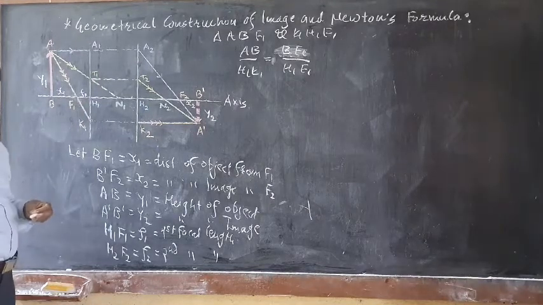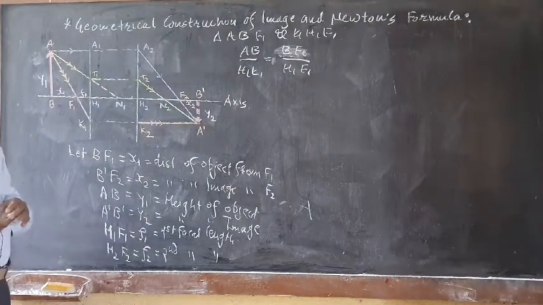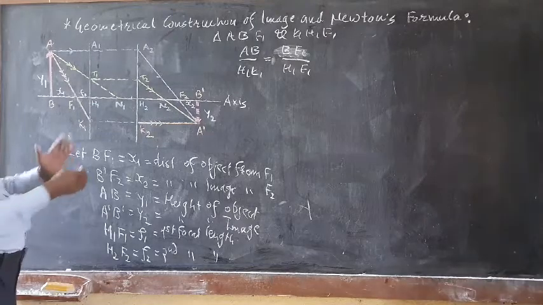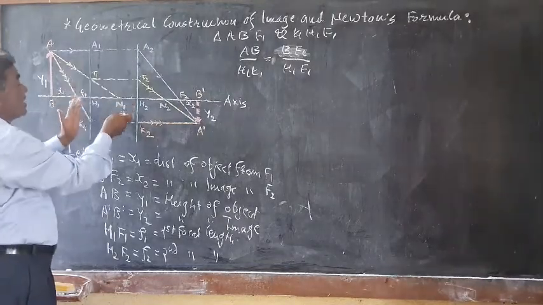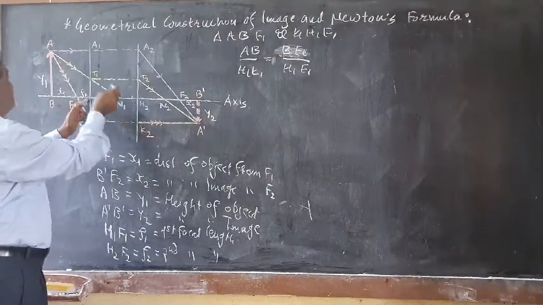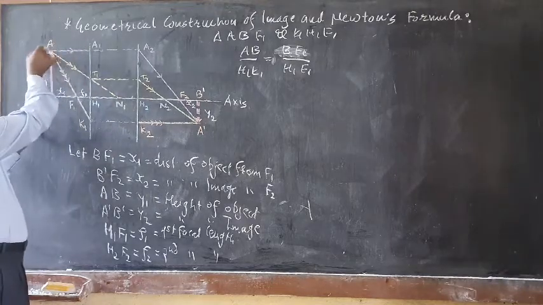Now, this is important, last time we have seen the sign conventions. The distances are taken from the origin of the optical system. This is the ray of light, falling from left to right.